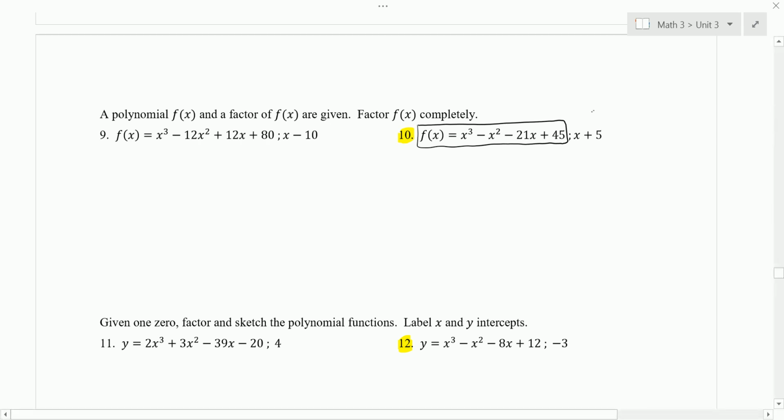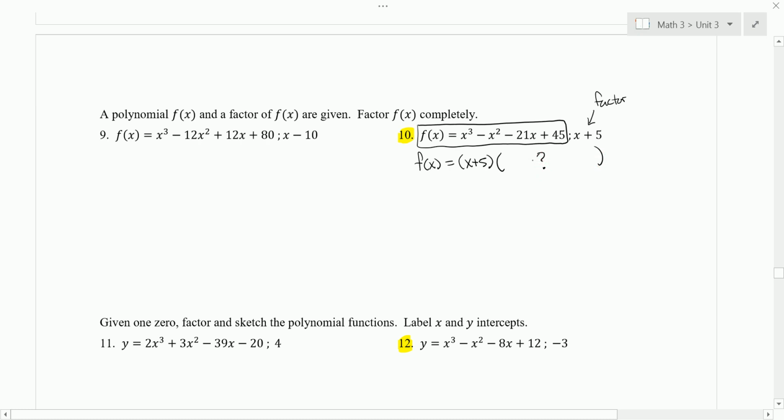But we also know that x plus 5 is a factor of that. So if we factor this, we could get f of x is equal to x plus 5 times something. And right now we don't know what that something is.